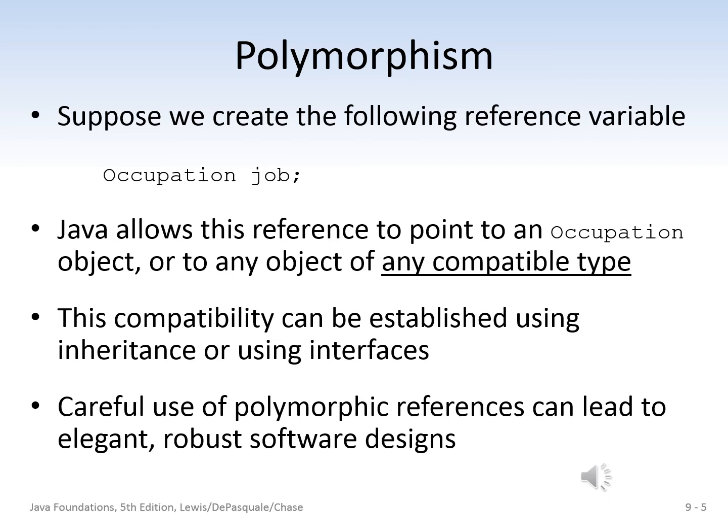And you can get there easily with inheritance. This compatibility can be established using either an interface or, as previously mentioned, inheritance. When you implement polymorphic references, you can have very elegant, robust designs. But there's a level of care that needs to be taken in using this very powerful tool.